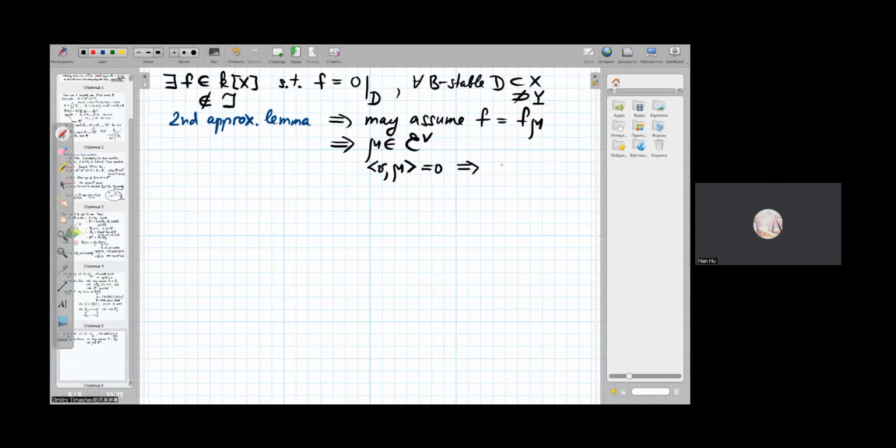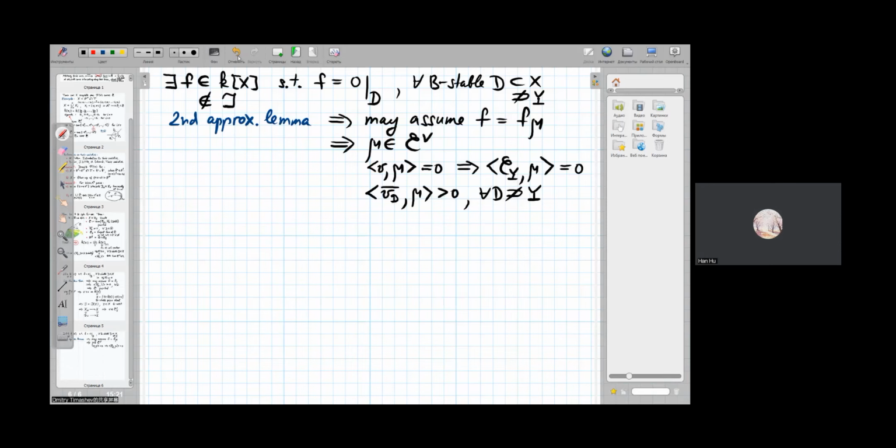And this implies that the pairing of the whole cone C_Y with mu is zero, because the vector v sits in the relative interior of C_Y. We also have the property that the pairing of v_D bar with mu is strictly positive for any B-stable divisor D not containing Y. So all these properties say exactly that this weight mu is a supporting function for the face of C containing the vector v.